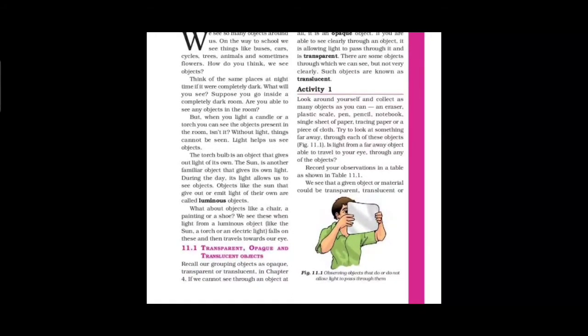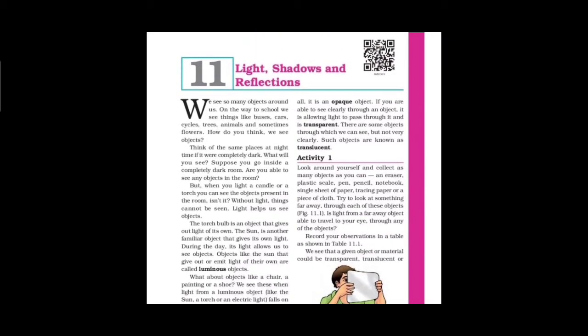The next topic is about transparent, opaque and translucent objects. While hearing these words, we already studied these words, right? In the previous chapter, in the sorting of materials chapter, we already studied these words. First, we study about opaque. If we cannot see through an object at all, it is called what?